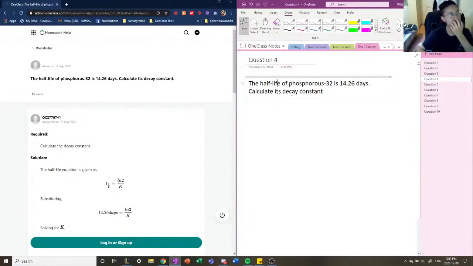Basically, the half-life is a measure of time, which helps us understand how fast or how slow a substance decays, and it's measured by how long it takes a substance to decay to 50% of its capacity, right?